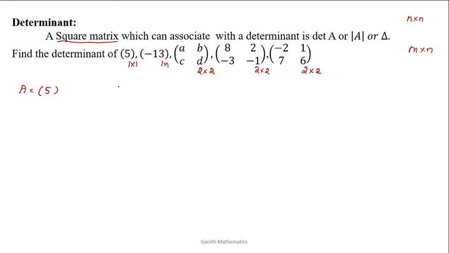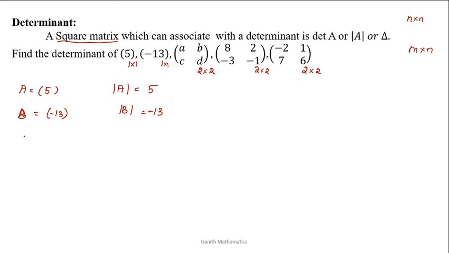If I want to find the determinant of this, I have to write A in the modulus. So determinant of A is 5. It is nothing but that number itself. The matrix B is minus 13. So determinant of B is, it is not modulus, it is determinant, so you have to write minus 13 itself. So the determinant can be negative, positive or zero. You cannot constrain the determinant to be a positive one. It can be negative or 0.